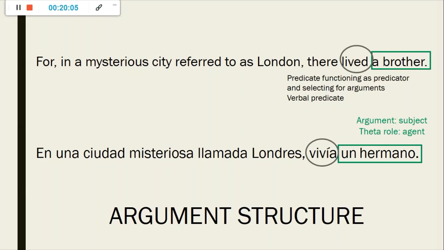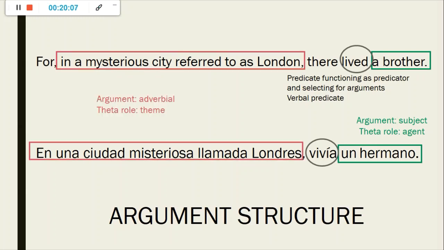On the other hand, there are some other grammarians that consider the adverbial as another argument needed in order to complete the meaning of this verb. This other group said that the verb live selects for not only the entity living, but also the place in which the living takes place.